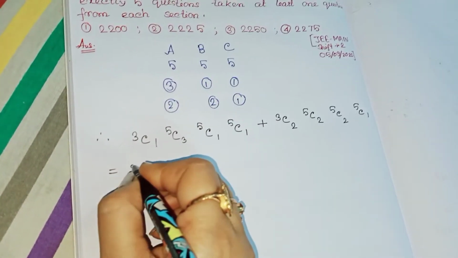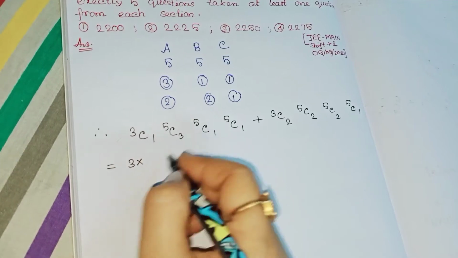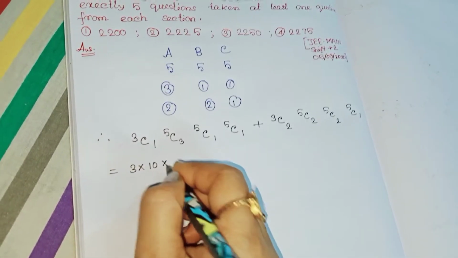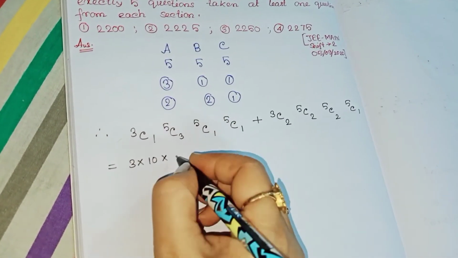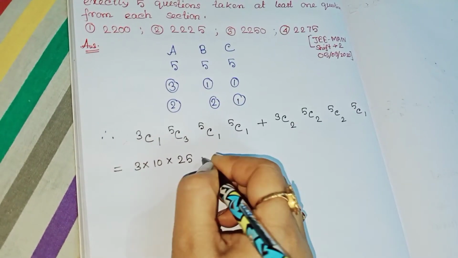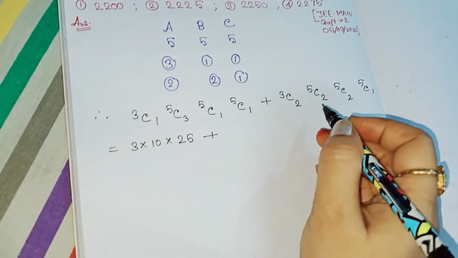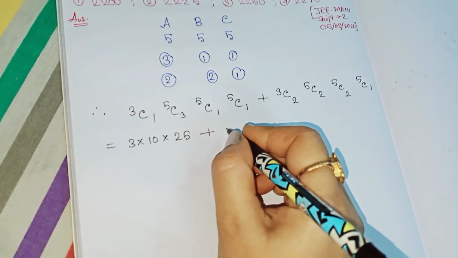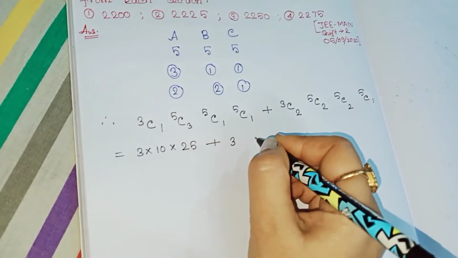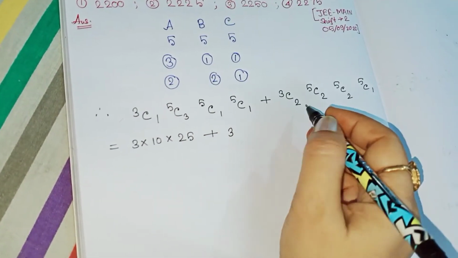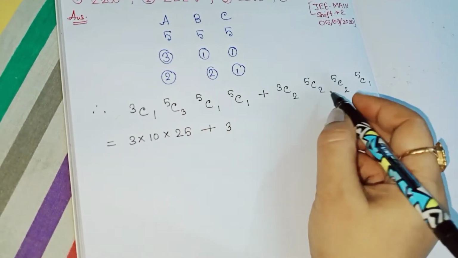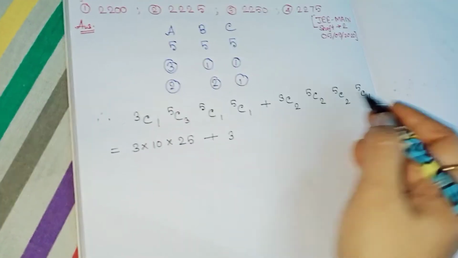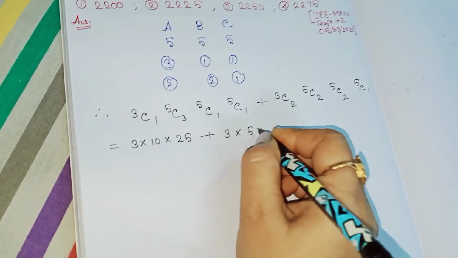We get 3 into 10 into 5 into 5, that is 25. Here we get 3 once again, and 5C2 into 5C2 into 5C1, that is into 500.